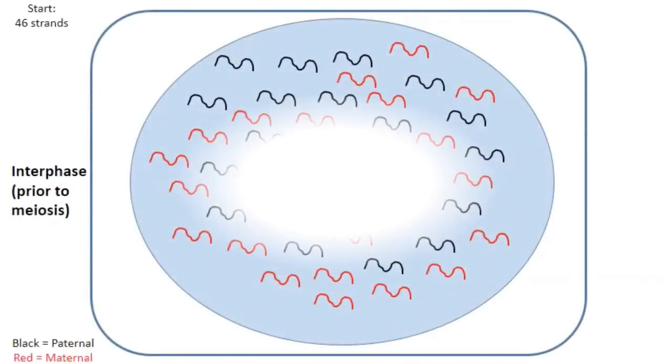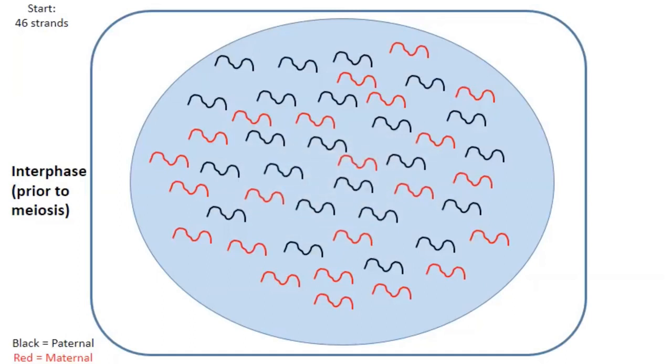So now we are going to have a look at the process of meiosis in human diploid cells. So here we have a cell prior to meiosis in the stage of interphase. And I want to put a note in the upper left corner that notice there are 46 strands of DNA, or you can say 46 strands of chromatin in this cell, because this is an example of a human diploid cell.